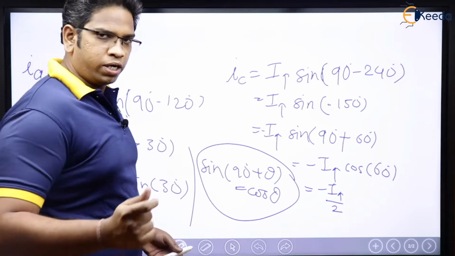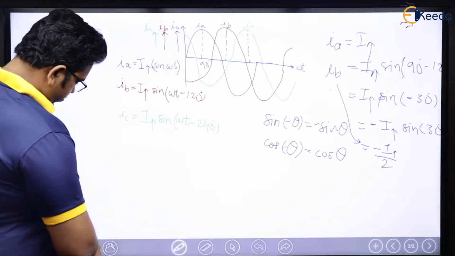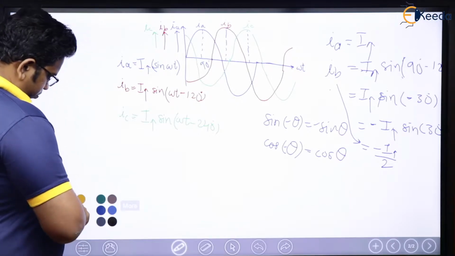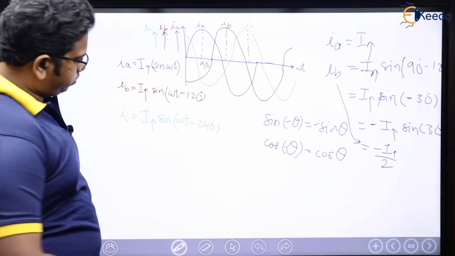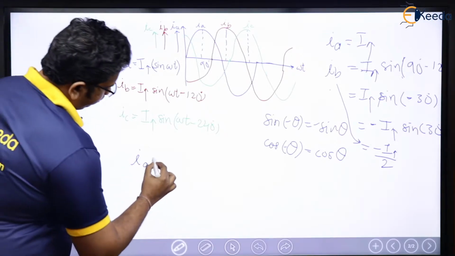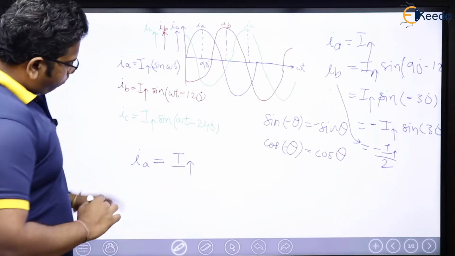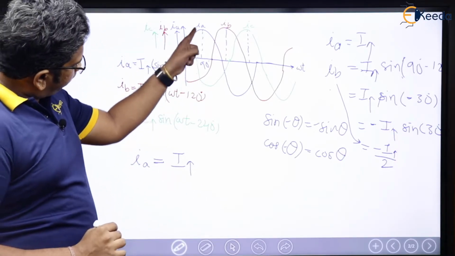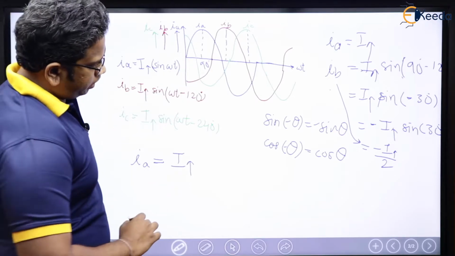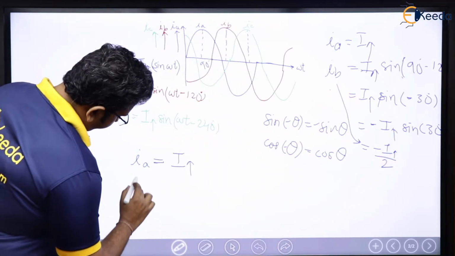Now, let us conclude. What is the conclusion? When IA is I maximum, at that time IB is going to be minus I maximum by 2.